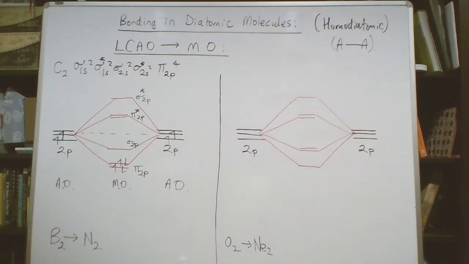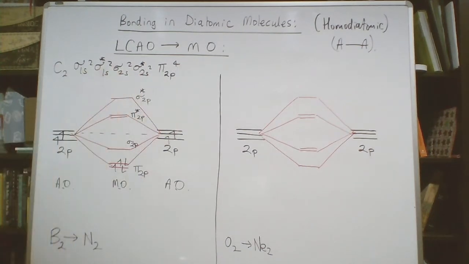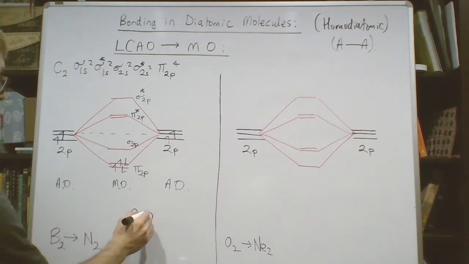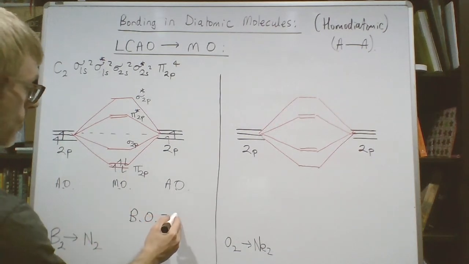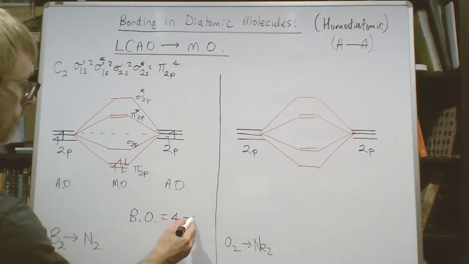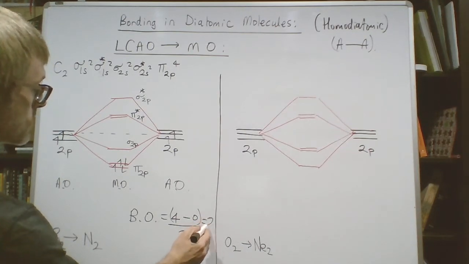So we've got 6 electrons from each carbon. So we should have 12 electrons total. The bond order of dicarbon would be, so now we've just got 4 here. So 4 minus 0 over 2, which equals 2.